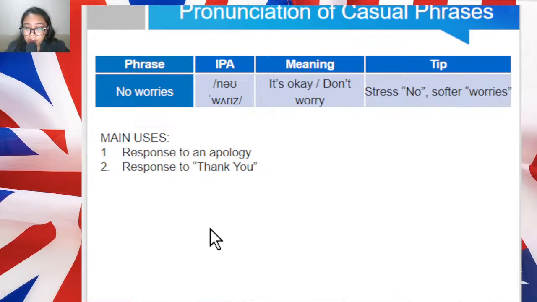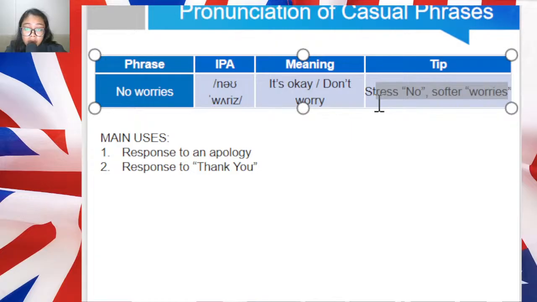Now here, of course, we'll go with its pronunciation. When it comes to pronunciation, the way you say no worries is very important for conveying its friendly and relaxed meaning. Now the slide tip says to stress no, and then softer on worries. Again, you stress no and then softer worries.